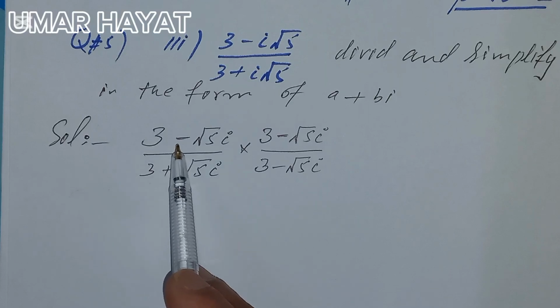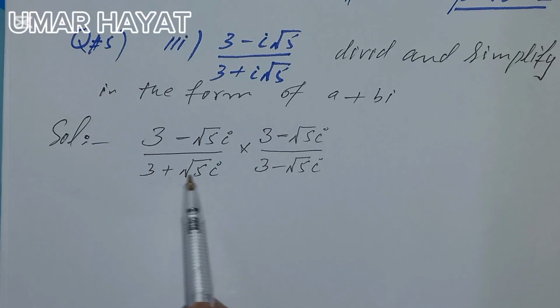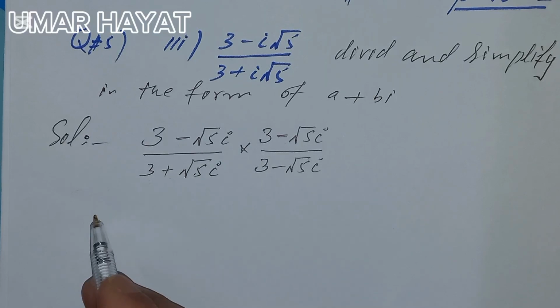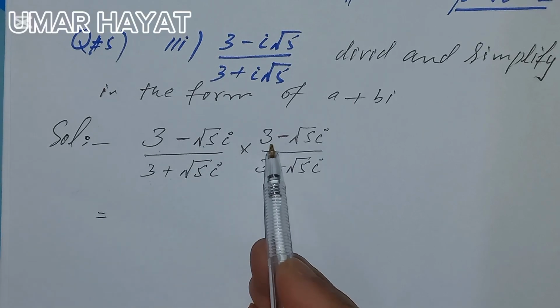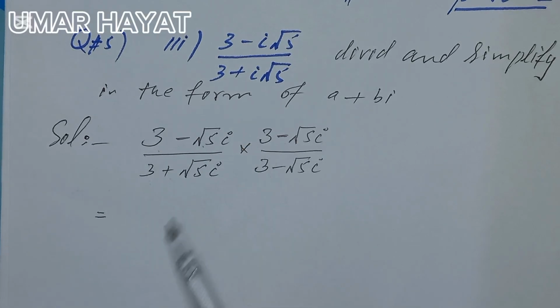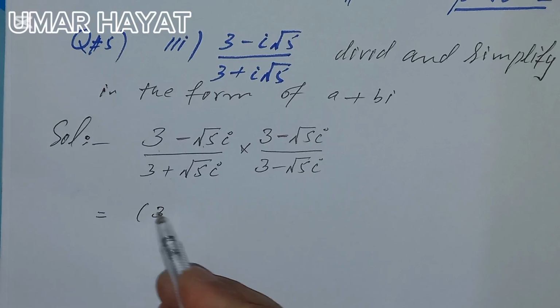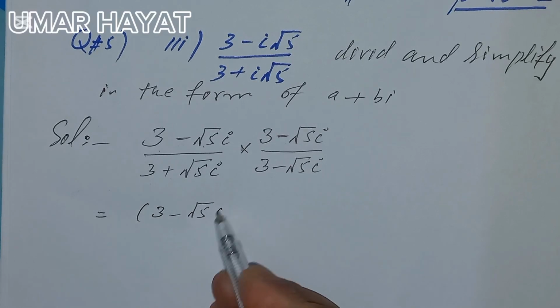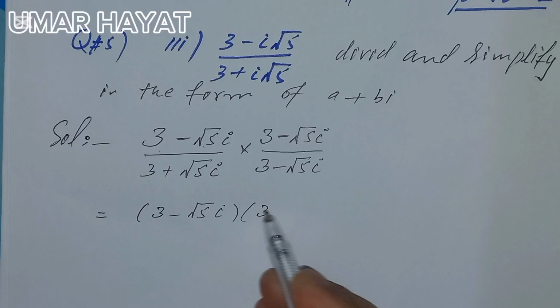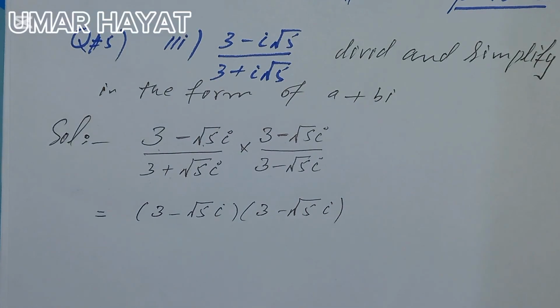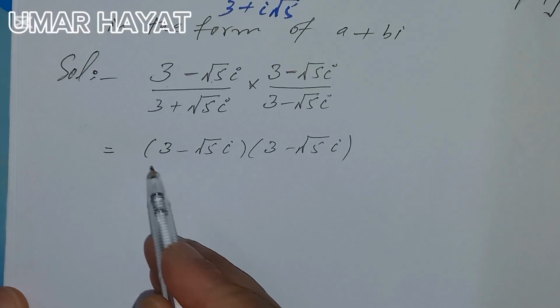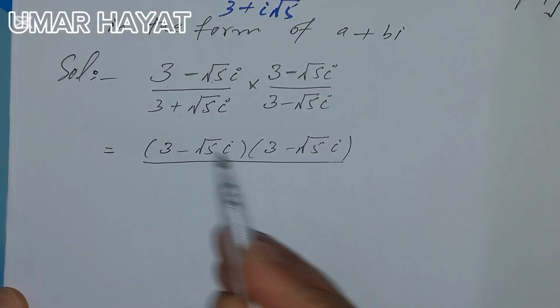Now we multiply numerator with numerator and denominator with denominator. In numerator, first term minus second term, first term minus second term, these are two same values: 3 minus under root 5 iota multiply 3 minus under root 5 iota. And in denominator we use an algebraic identity.